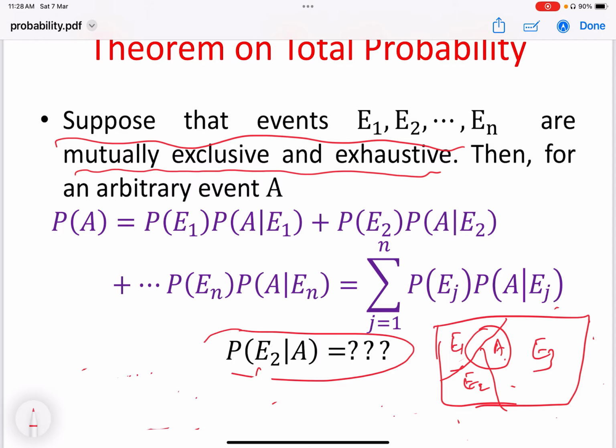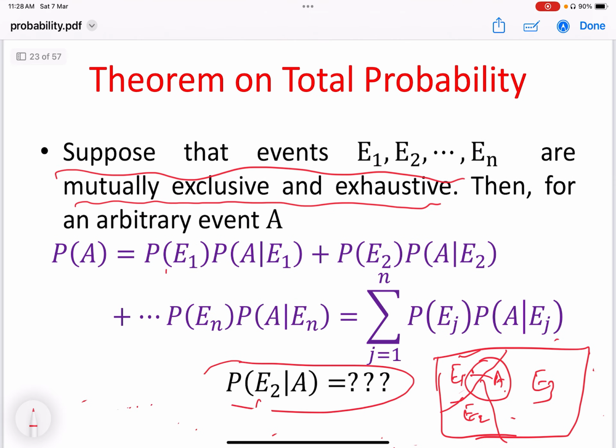P of A equals first P of E1 into P of A given E1. So the A part in E1. Same way plus P of E2 into P of A given E2, plus P of E3 into P of A given E3 and so on. So this is known as the theorem on total probability.